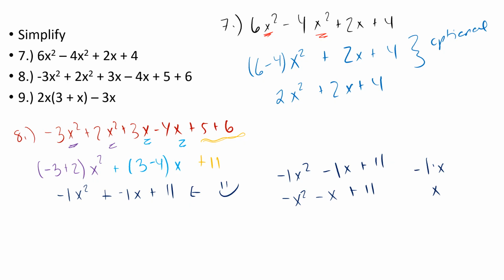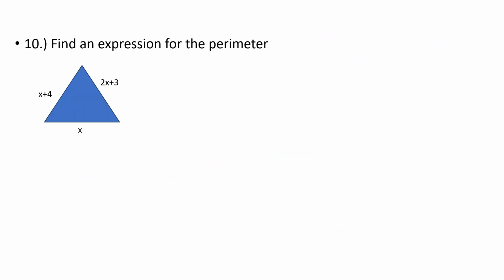And if you have the negative out in front, that actually doesn't change anything about that. It's just a -x. So all of those should be okay. But again, always listen to your teacher, and what your teacher says is the form of the answer that they want to see.